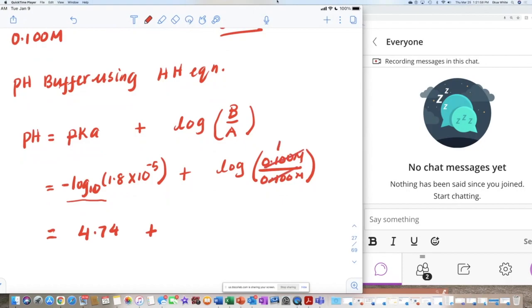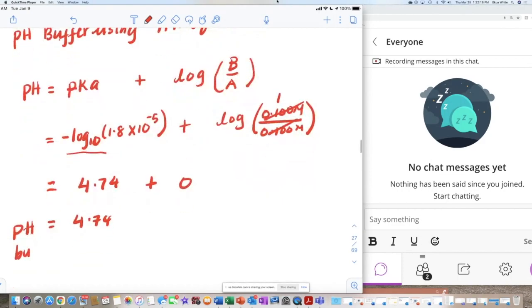So what is log of 1? Let me get my log function. Log of 1 is 0. So 4.74. So I got the pH of my buffer, and I got it as 4.74.